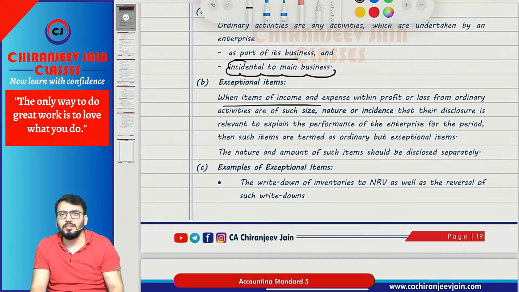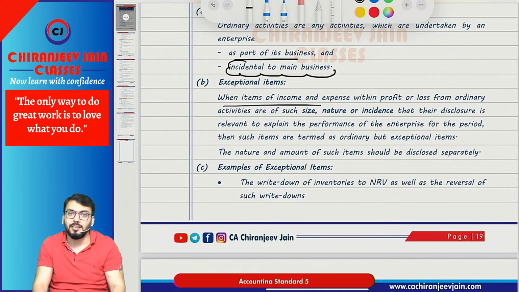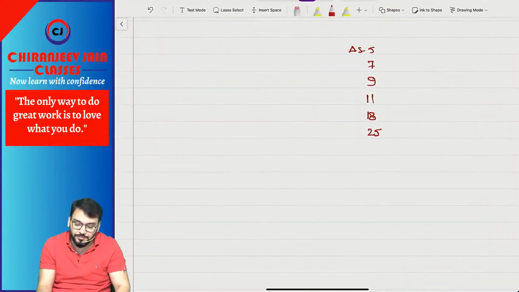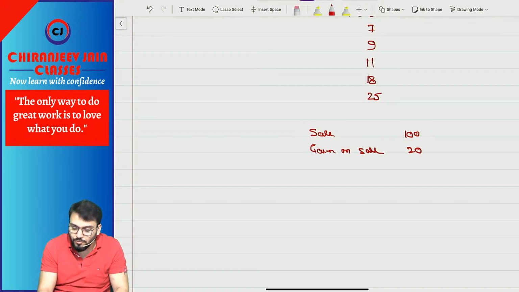A simple example I will take: the gain on sale of land and building. Normally, if nothing has been said about exceptional items, any gain or profit on sale of land and building will come in other income. Suppose sales of the company is 100 crore, and gain on sale of PPE is 20 crore. So total becomes 120 crore.